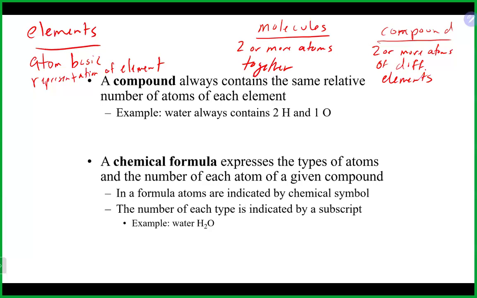So, for example, water always contains two hydrogens, one oxygen. And as an example, here we have H2. That is a diatomic molecule. That is how hydrogen normally exists.